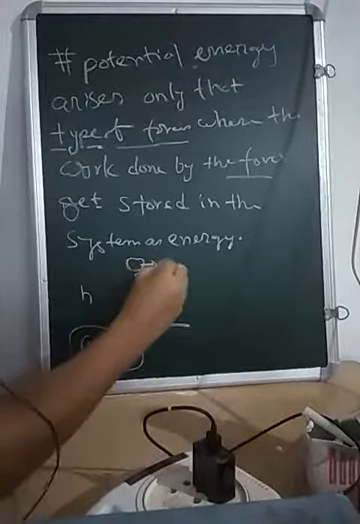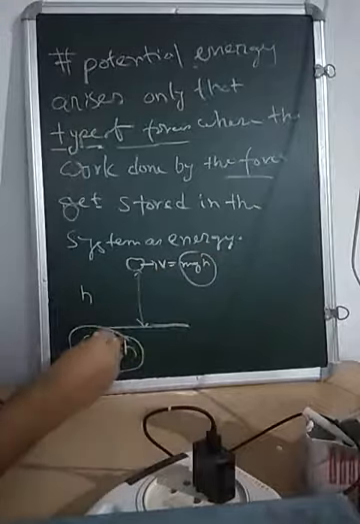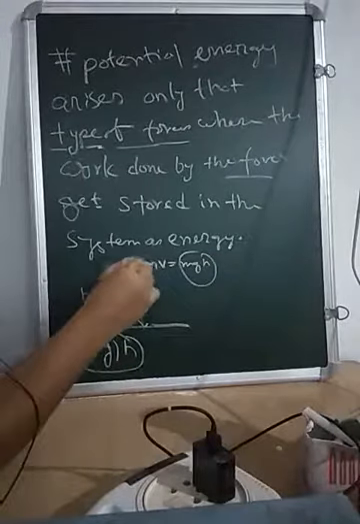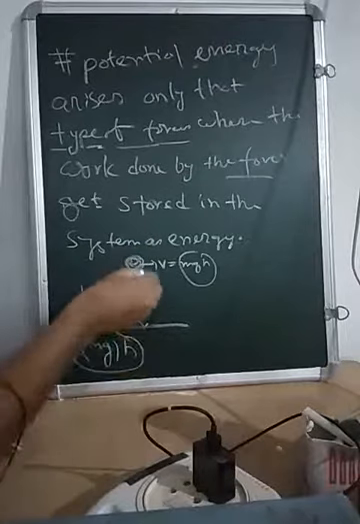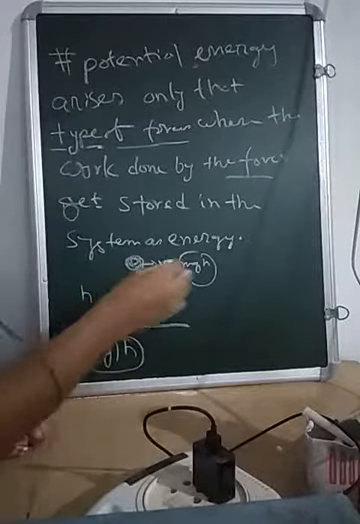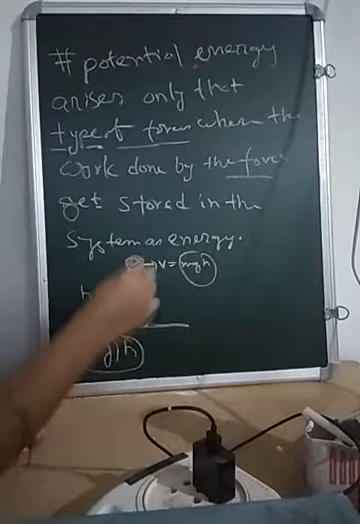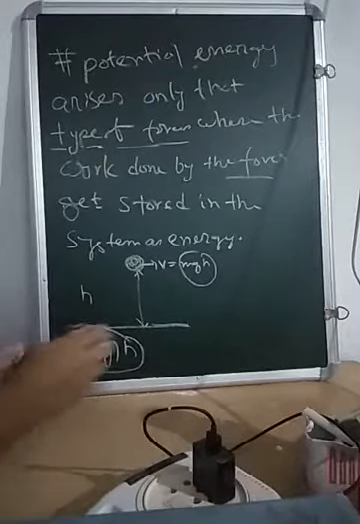So what is the potential energy at this position? mgh. So the work done by us gets stored in this object when you lift the body against gravitational force. In this type of cases, this type of system, the potential energy arises.